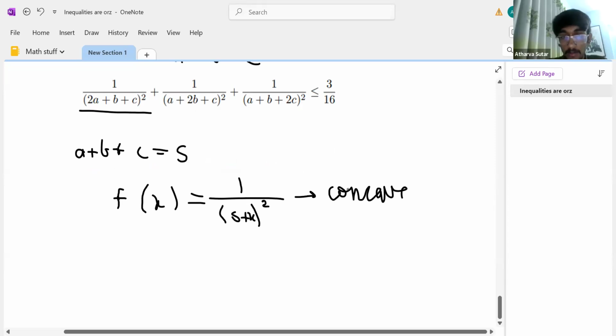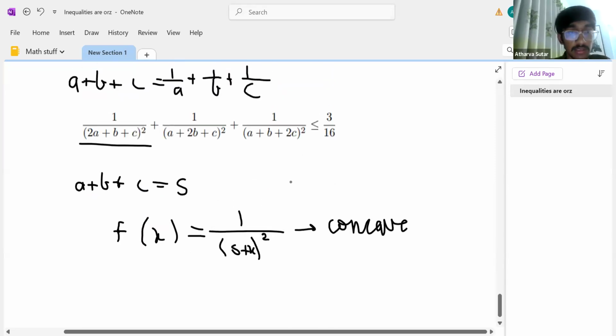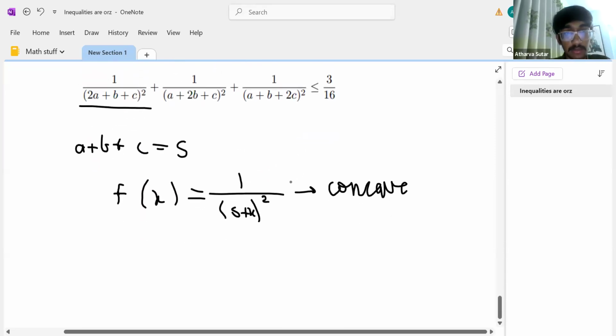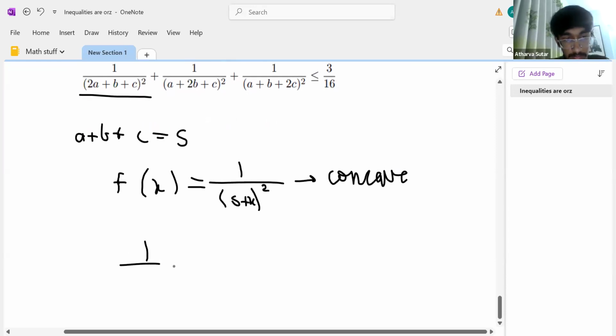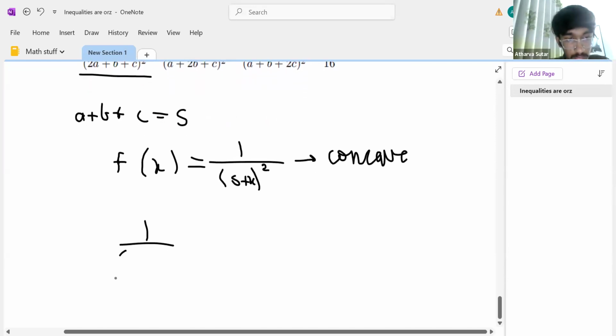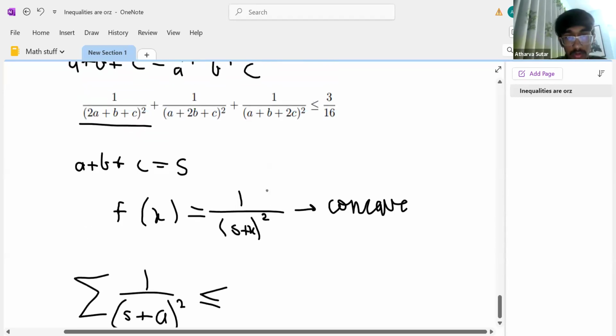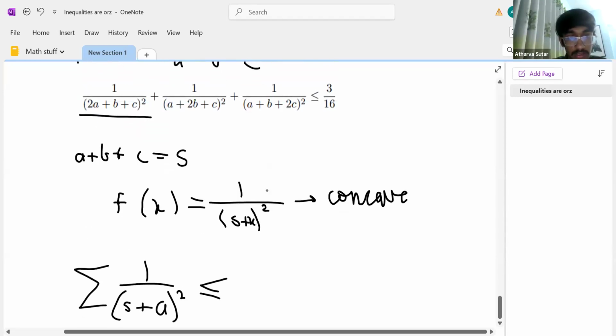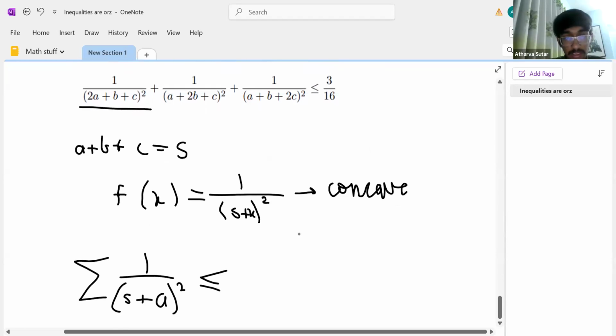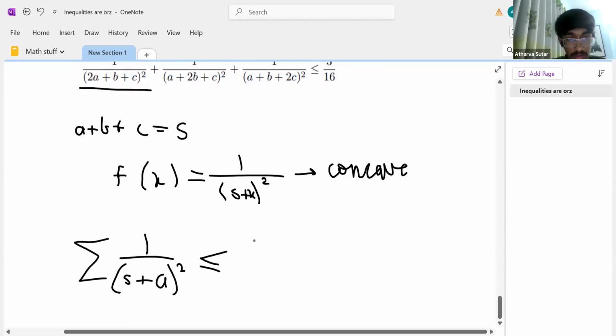So we'll apply Jensen's on A, B, and C individually, and we get that the LHS, sigma 1 by (S plus x) squared, is less than or equal to the value at the average, which would be (A plus B plus C) by 3, that is S by 3.